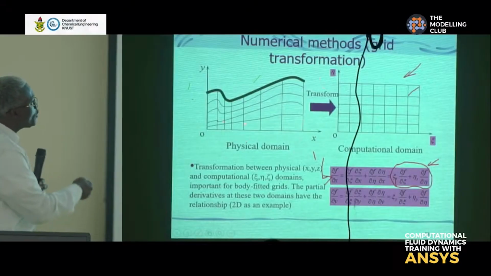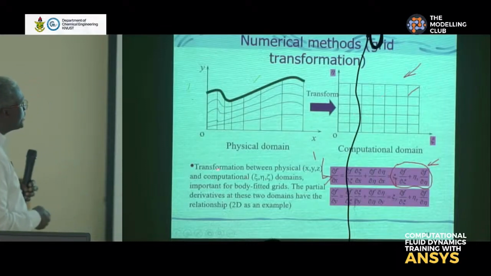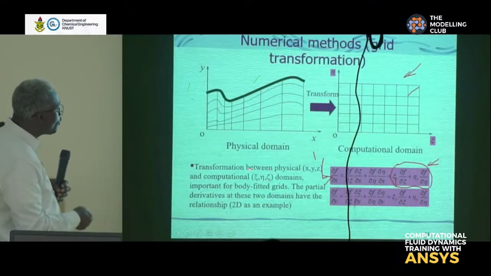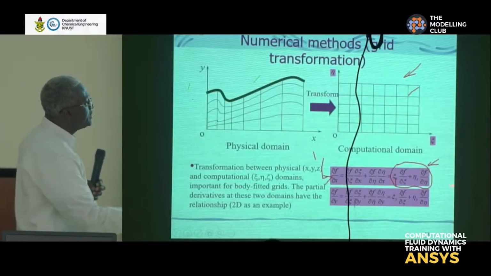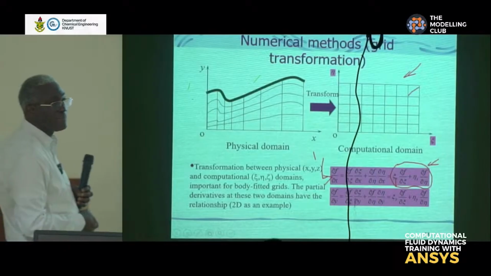This is the physical domain, and this is now the computational domain. So we do the transformation between the physical domain and the computational domain by basically doing this transformation using these partial derivatives.